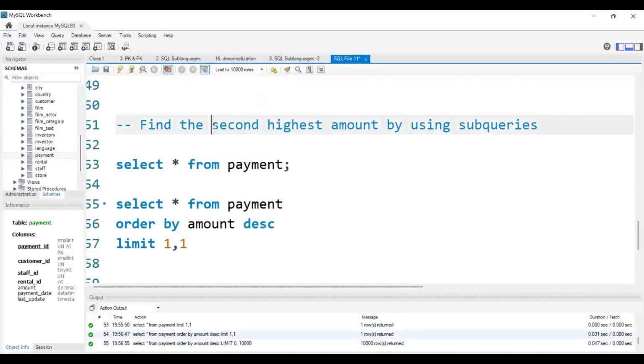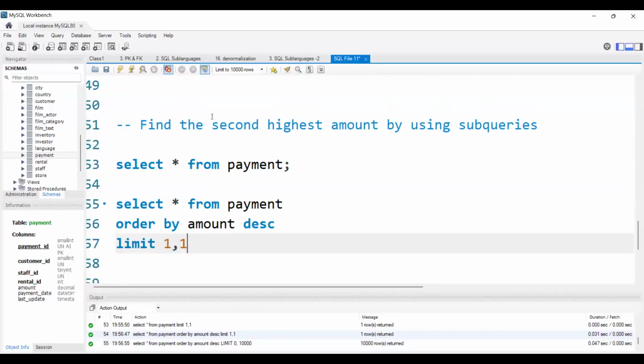So whenever we want the second highest amount, or if I say second lowest amount, I won't use DESC. I will sort it in ascending order, then I will use the limit clause. Correct. If you are understanding my concepts and remembering something, that is very satisfying for me.